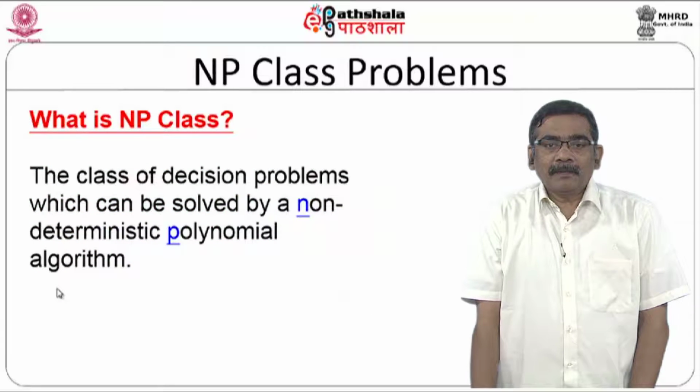But not all the problems in computer science come under the P class. There are many problems that cannot be solved by the computer in polynomial time, and we call those problems NP class problems. The formal definition of NP class is that NP class is a class of decision problems which are solvable by non-deterministic polynomial algorithms.